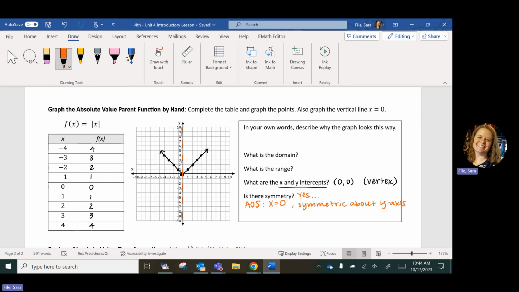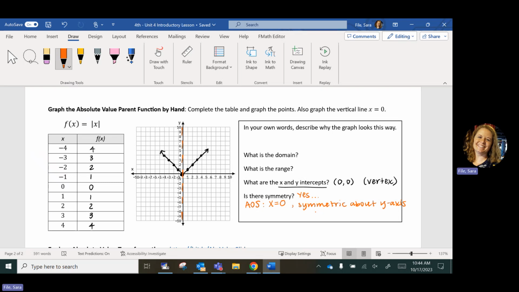And then it wouldn't reflect over the y-axis anymore. So the second part wouldn't necessarily hold true, the symmetric about the y-axis, but it would still have an axis of symmetry. It would just change from X equals 0 to somewhere else, right? So all these absolute value functions are always going to have an axis of symmetry. It just won't always be the y-axis.